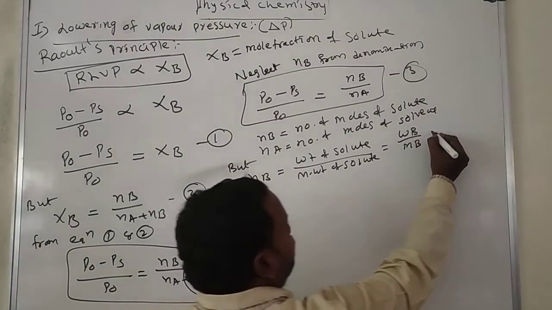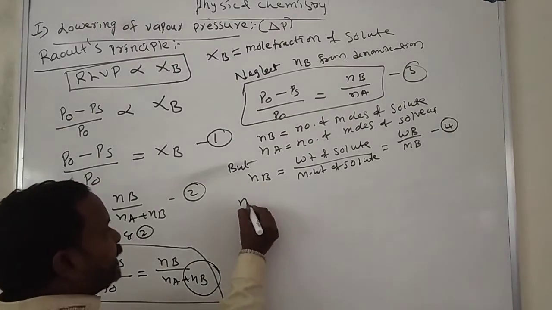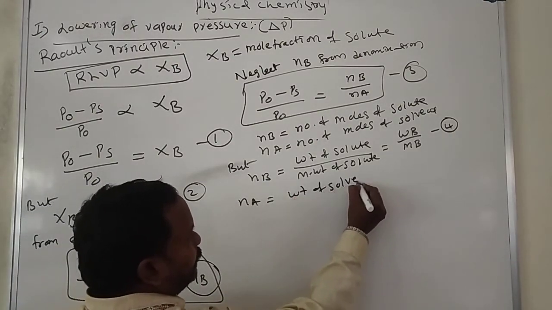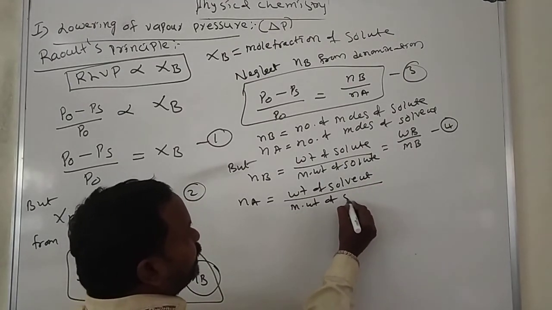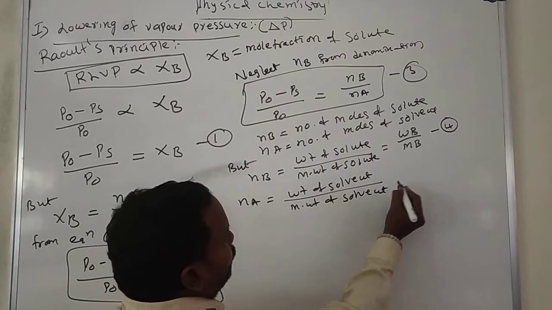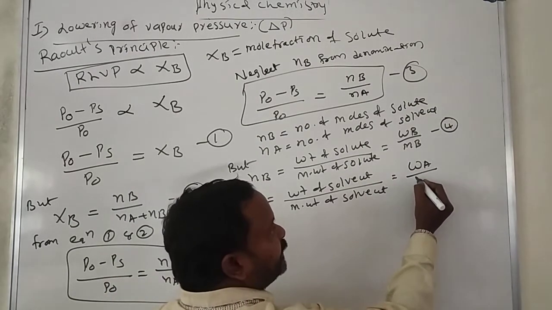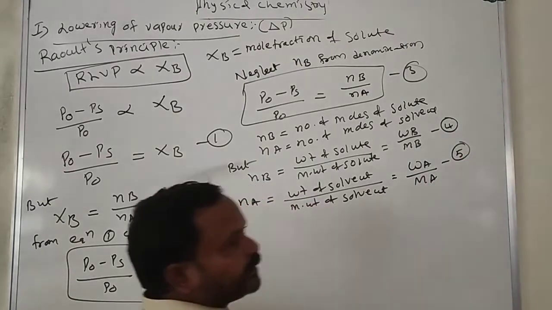This is the fourth equation. Na is equal to the weight of solvent by the molecular weight of solvent. Weight of solvent is indicated with Wa, molecular weight of solvent is indicated with Ma. This is the fifth equation.